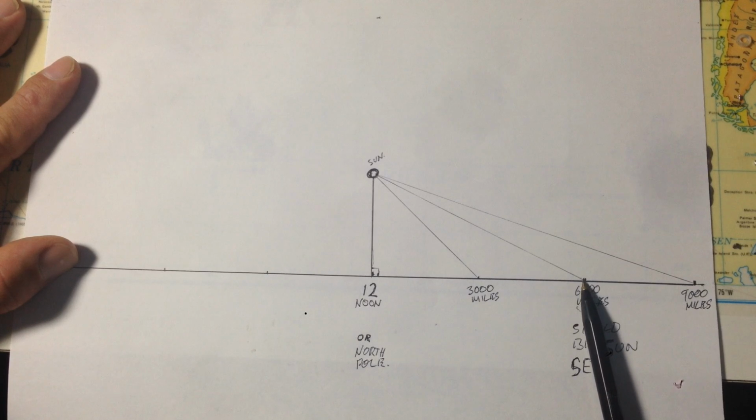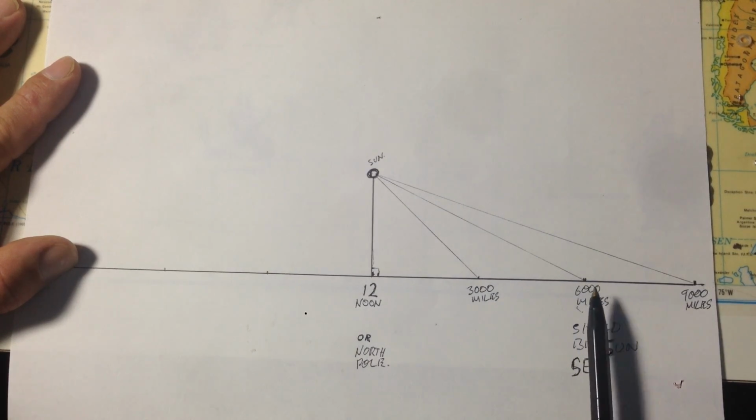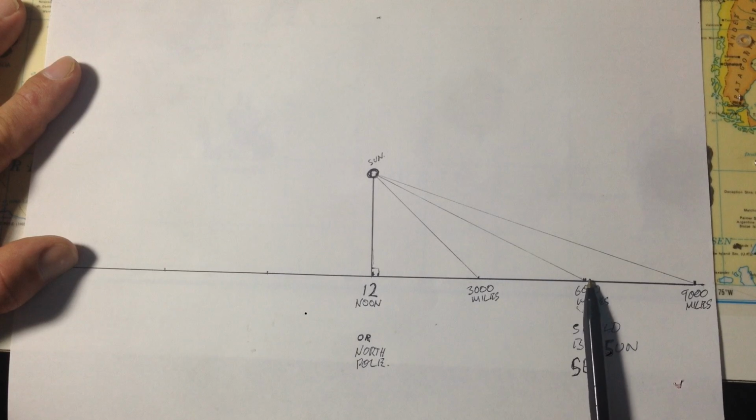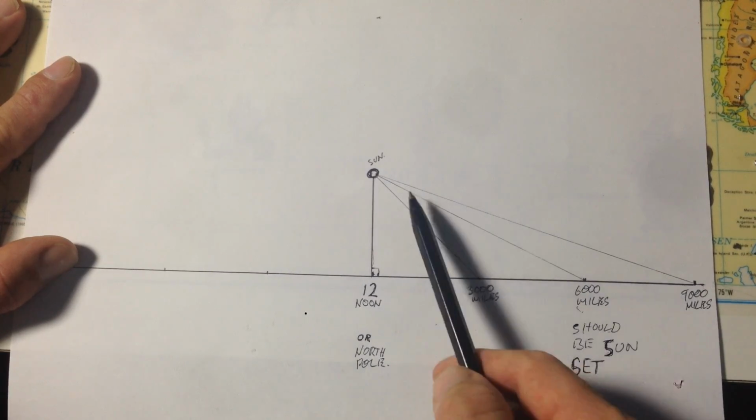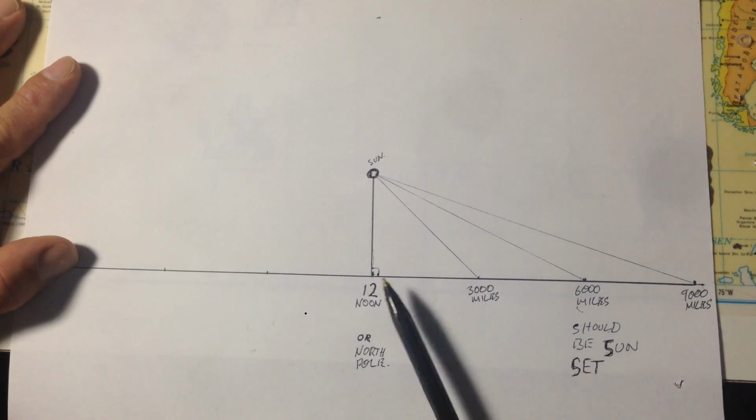the Sun should actually be on the horizon. But in this instance, it isn't. It's at 30 degrees, so it's still well and truly above the horizon. You can see the example there.